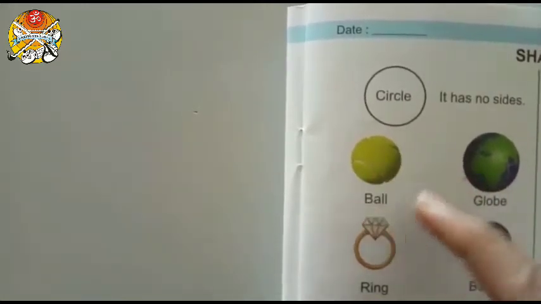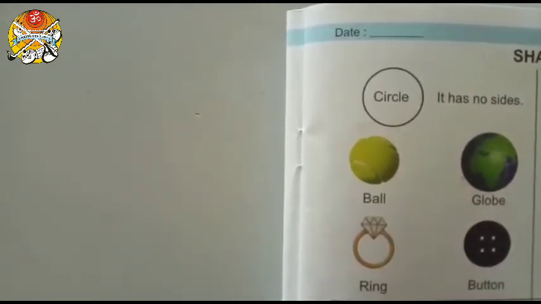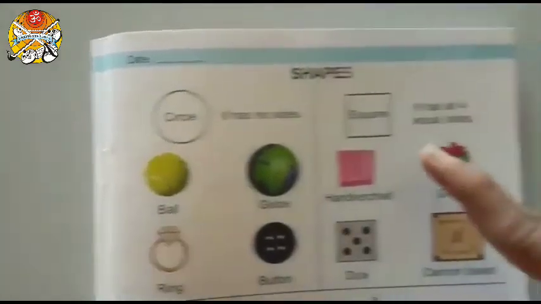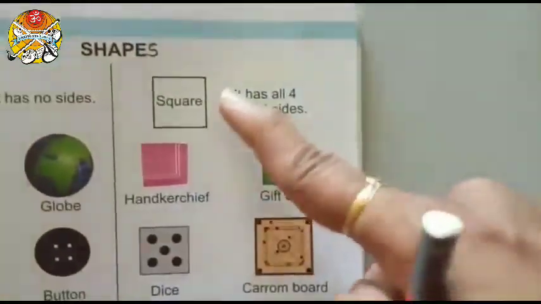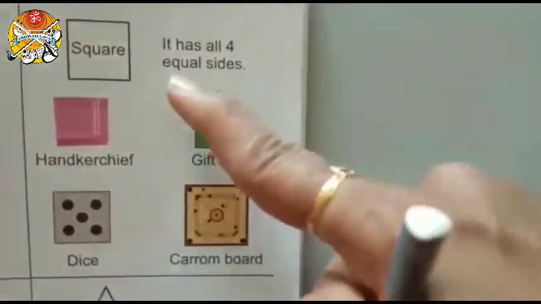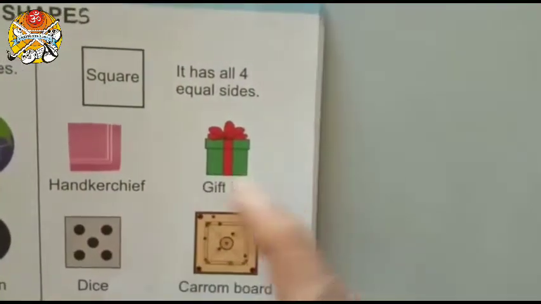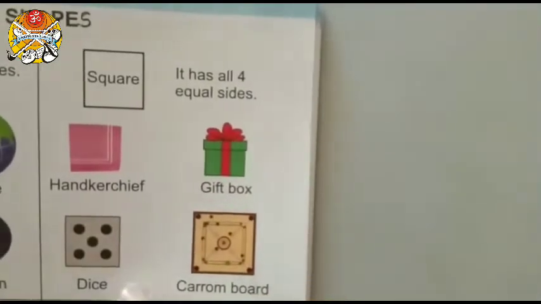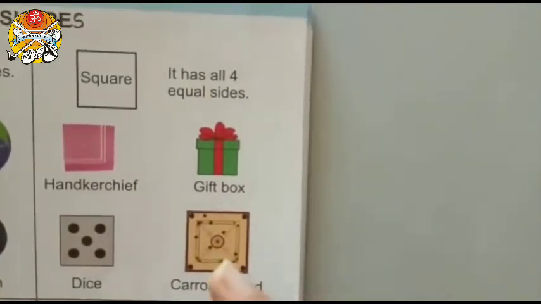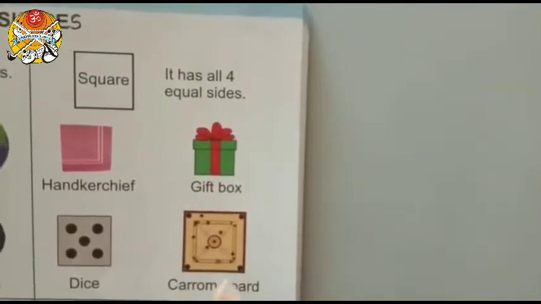These all are in circle shape. Now the next shape is square. It has all 4 equal sides. The examples are handkerchief, gift box, dice, carom board. These all are in square shape.